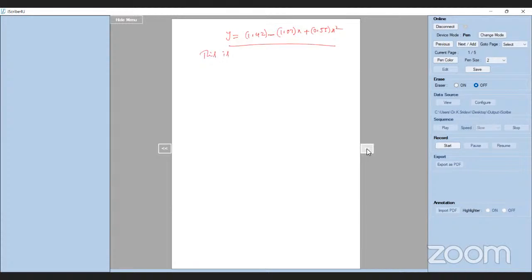This is the required parabola or second degree polynomial to be fitted to the given data by using the least squares approximation method. This is the example problem.